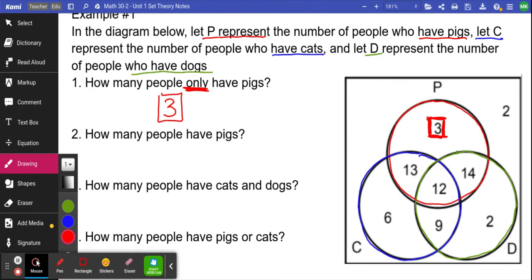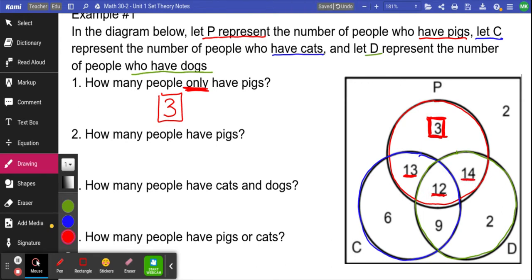If you look at question 2, it says how many people have pigs. They've gotten rid of that word only. Now I'm looking at all the people inside that red circle. These 13 people have pigs, they're in the red circle. These 12 people have pigs. And these 14 people have pigs.